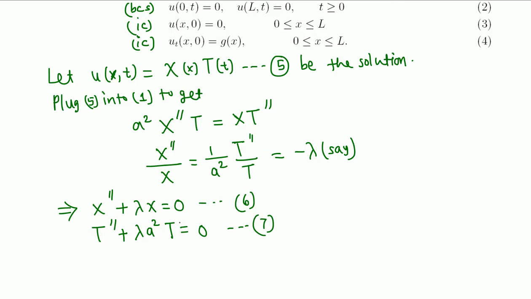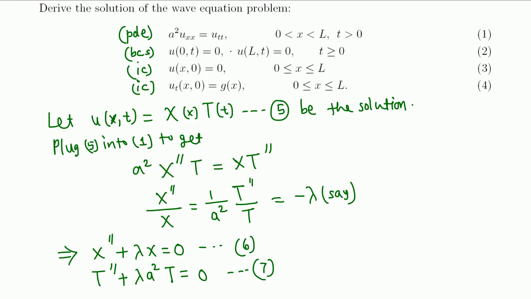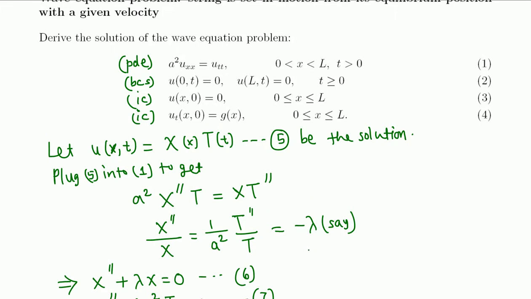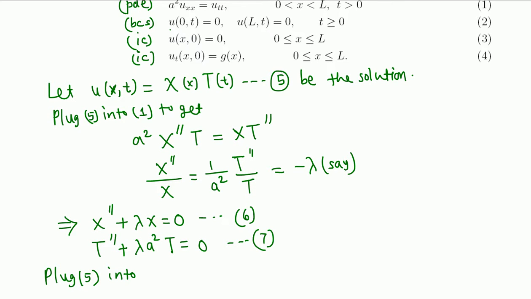Okay, now let's plug this u again in these boundary conditions, so that we'll have some new boundary conditions, and with those boundary conditions we want to solve 6 or 7. Okay, so again plug 5 into 2, the first boundary condition, u(0,t) equals 0.